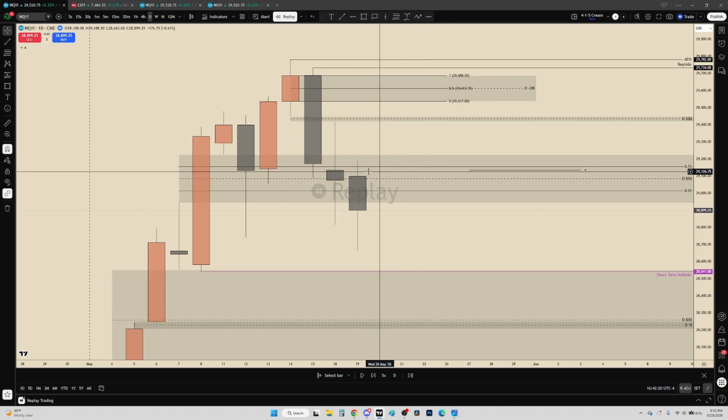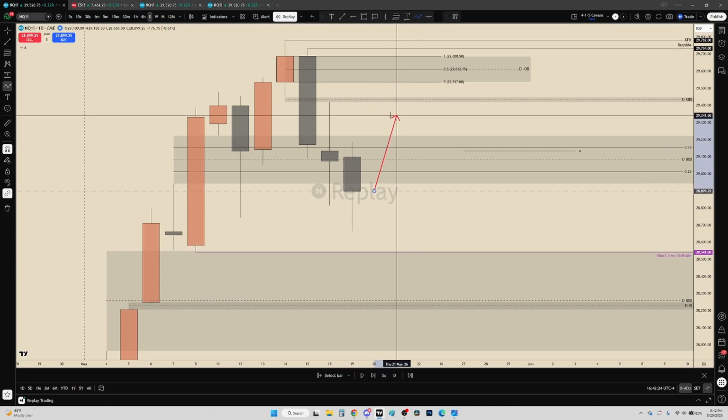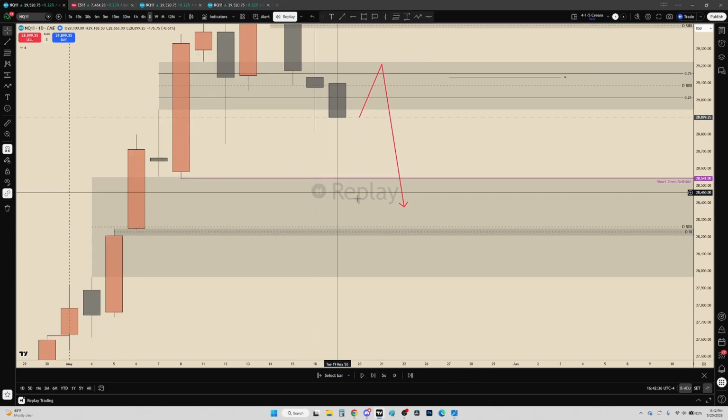My analysis after Tuesday was a trace back up into the upper portion of this daily fair value gap, and then a move back down into the short-term sell side here, and then also digging back into the daily buy side imbalance, sell side inefficiency.